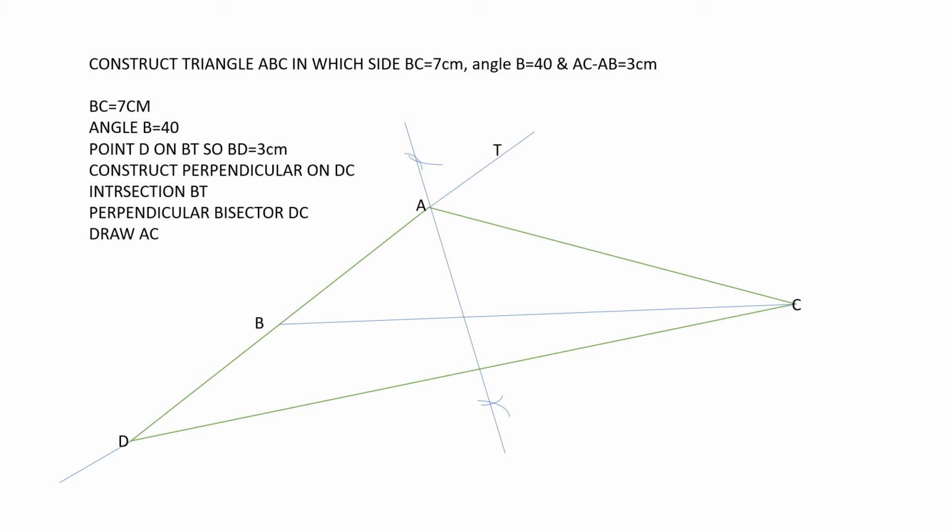If you are making it from the right hand side point of the base of the triangle, you have to make a line in the downward direction, as well as the upward direction. How you will do that, we'll see in this example.